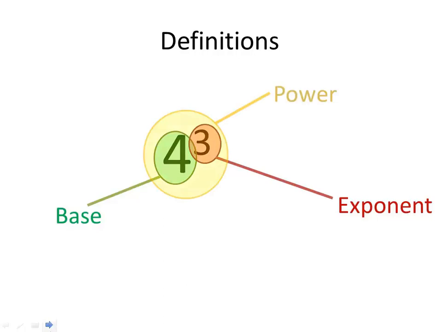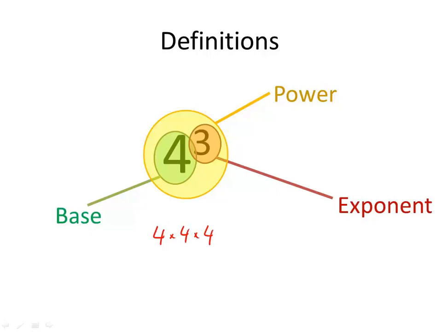And the whole thing together is called a power. So just like we said before, 4 with the exponent of 3, or sometimes we say 4 to the power of 3, just means 4 times 4 times 4.